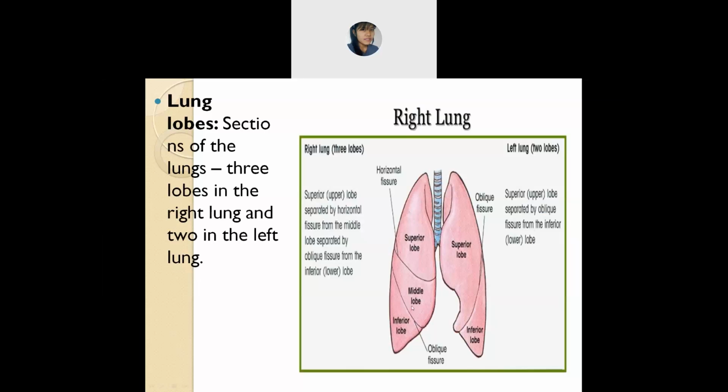And next is the left lung. In the left lung, you have got two lobes: the superior lobe and the inferior lobe. Please don't forget, the right lung has three lobes: superior, middle, and inferior. And the left lung has two lobes, the superior lobe and the inferior lobe.